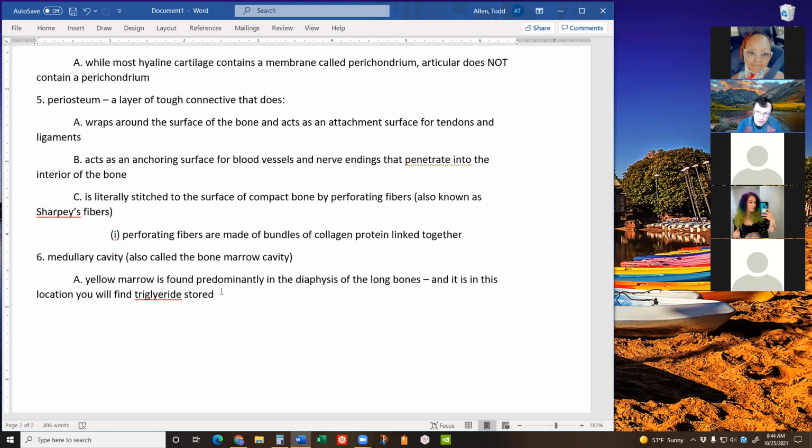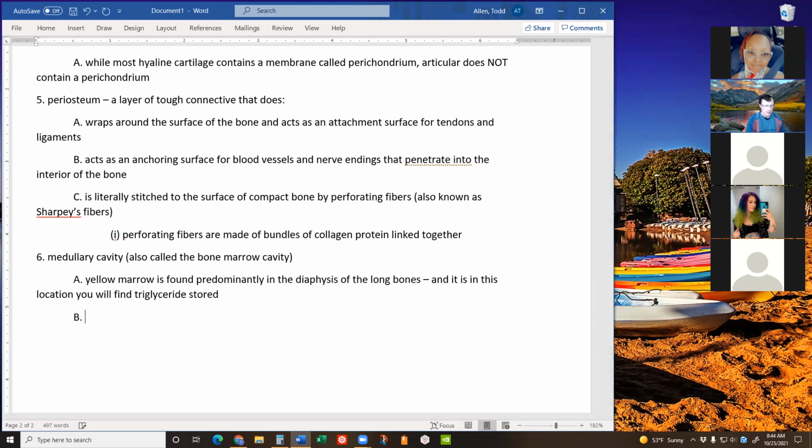And so understand that our bodies evolved in such a way to hold on to energy-rich molecules so that you could survive weeks on end without having a really good steady meal, and you could live, right? Okay. So the yellow marrow is found in the diaphysis of the long bones, and this is where you're going to find your triglyceride.